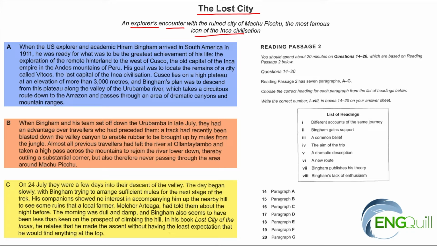So I predicted, and if you look at the passage here, you will see that US explorer, he went to this Machu Picchu, Peru. You can see there. And here it is talking about his experience. So prediction is very important when you go for any IELTS reading question type.